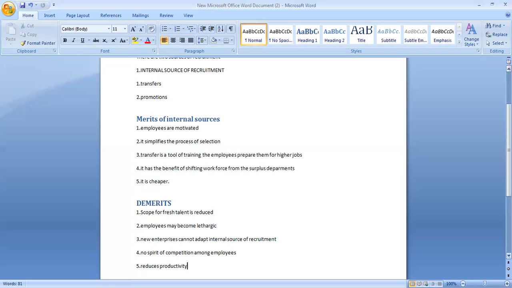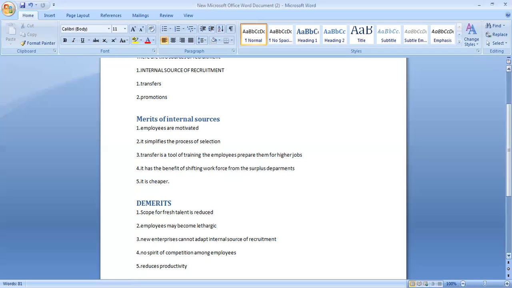And the second merit to be discussed here is that it simplifies the process of selection. As you know, when you want to recruit candidates from outside the organization, you need to take a lot of risk, in the sense that you need to follow a lot of procedures.